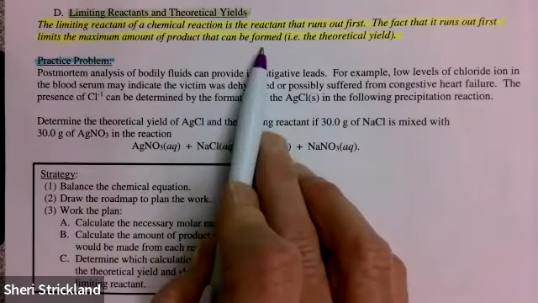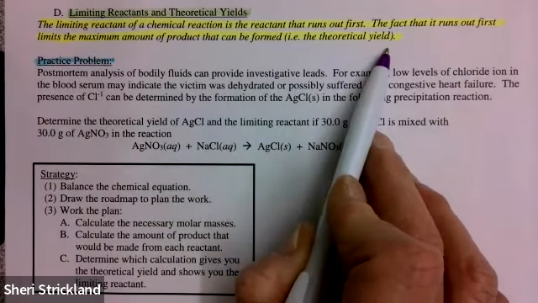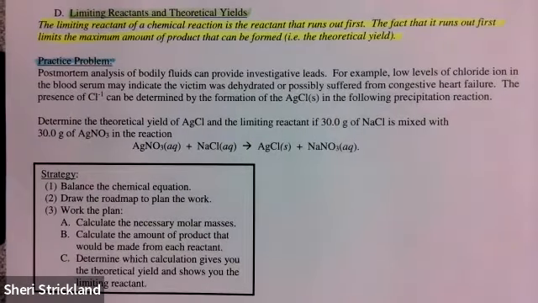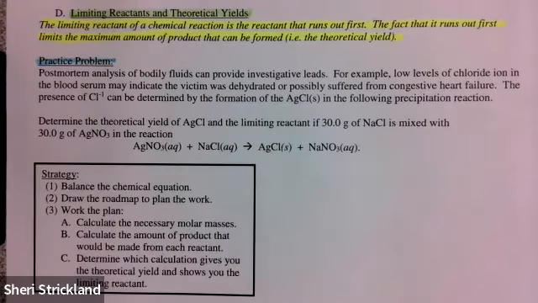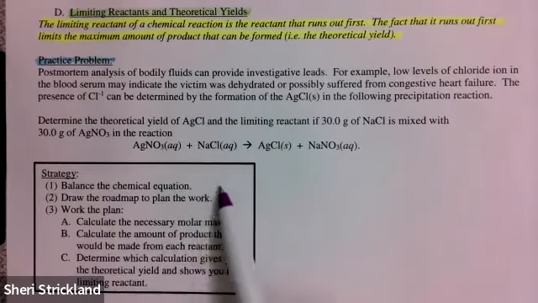And that maximum amount of product is called the theoretical yield. There's more than one way to determine a limiting reactant. So I'm going to show you the way that I like the best. If you know another way from an earlier chemistry class and you can show me how it works, that's fine with me. But we're going to work in the context of this practice problem.